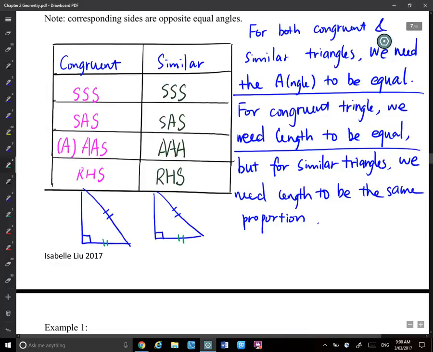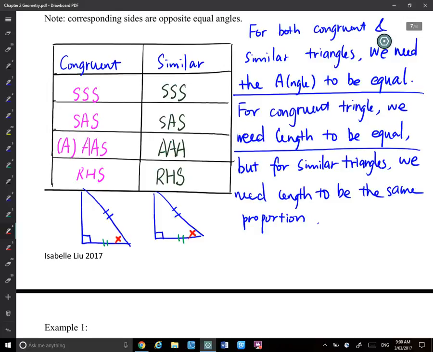Actually the angle we need to talk about is this angle here, then that's the SAS case. But actually we don't have that angle equal, it's that angle that is equal. It doesn't actually satisfy the conditions. We cannot say they are congruent triangles normally, but because it's a right angle triangle and that's special, that's why we have that.